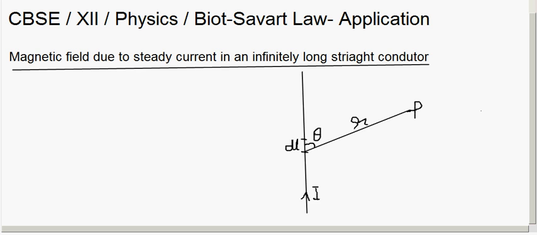According to Biot-Savart law, we can write the magnetic field at P due to current element dl.